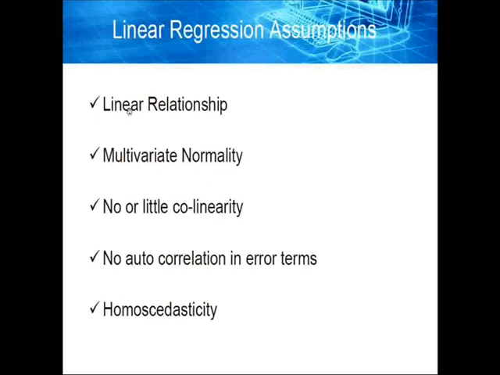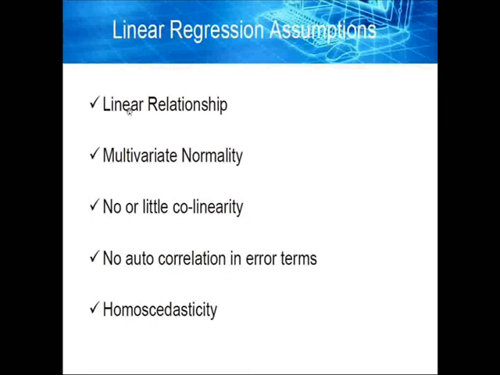Also, we assume that there is no collinearity. That is, the independent variables must not be highly correlated with each other. In multiple linear regression, suppose x1, x2, x3, x4 are the independent variables. Our condition is that they are not internally correlated.